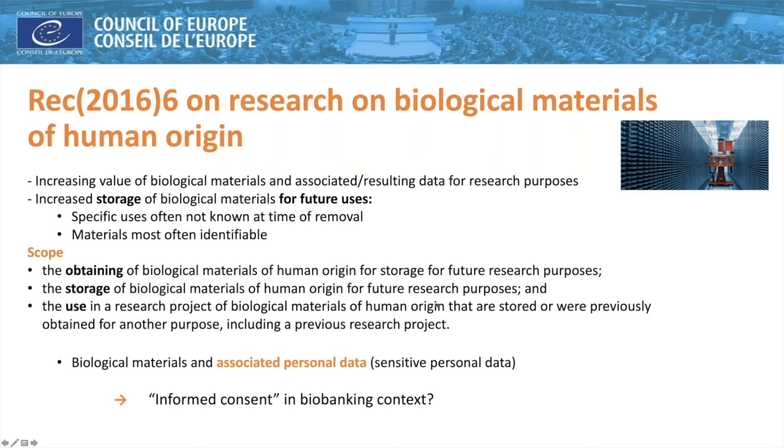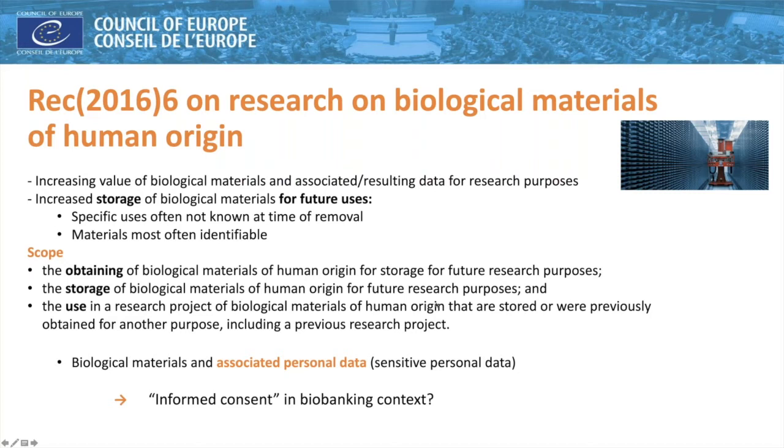So the recommendation's scope, as you see it stated here, covers the obtaining of biological materials of human origin for storage for research purposes, the storage itself of such materials, and eventually their use in a research project, for material stored initially for research or for material obtained for another purpose and then stored for research purposes.